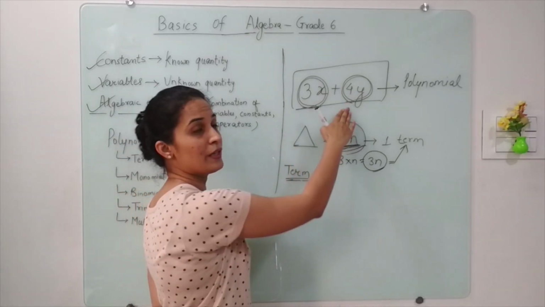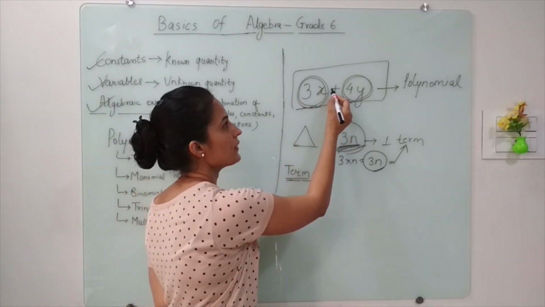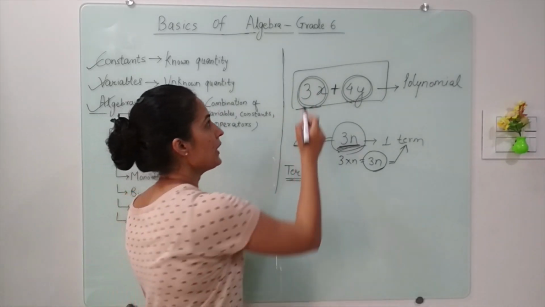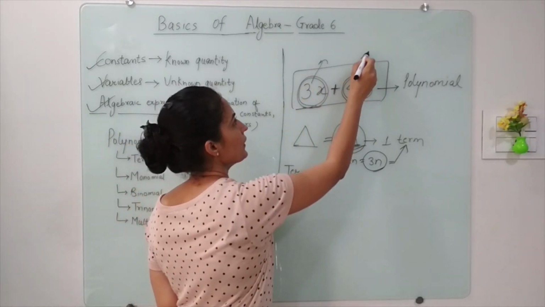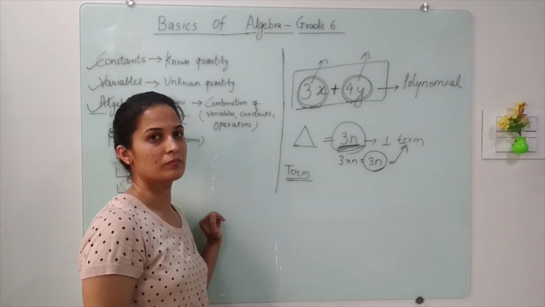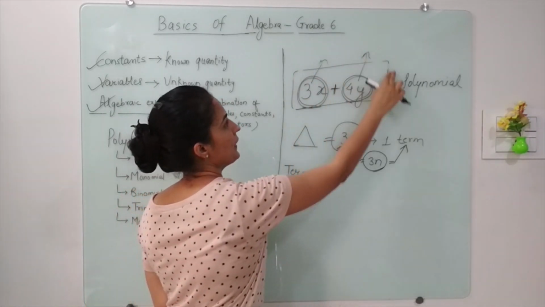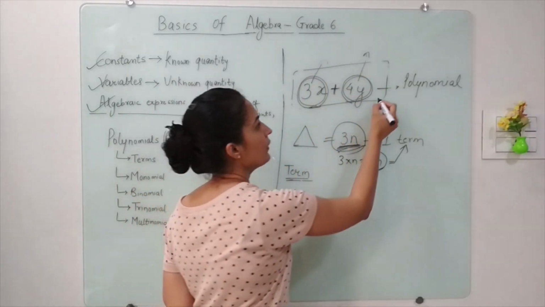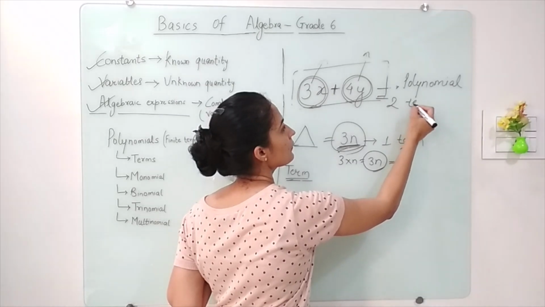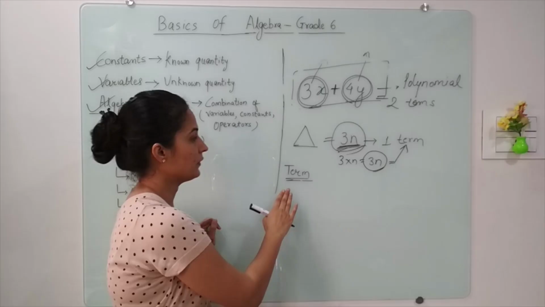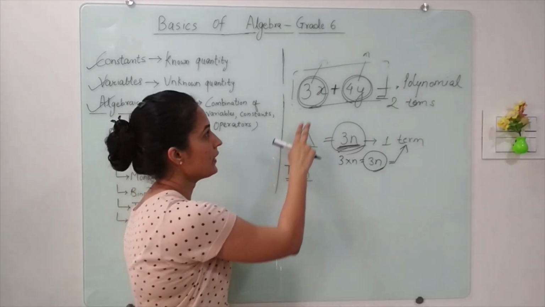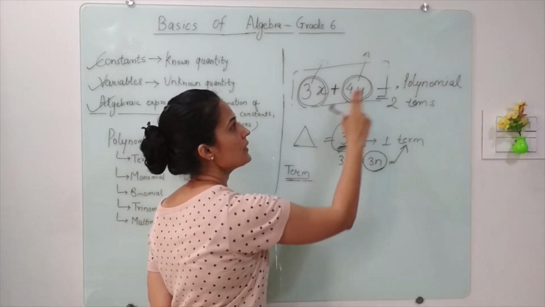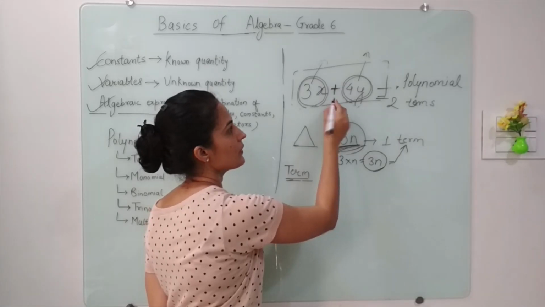Similarly, in this particular expression, there is an addition sign in between. So, each of these expressions is called a term. In this complete algebraic expression, how many terms are there? There are two terms. A term is each individual expression in a polynomial separated by plus or minus.